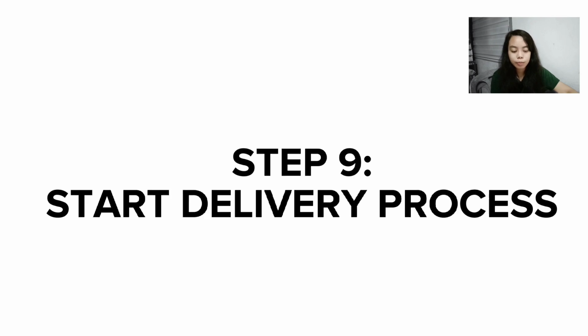Okay, so for our step 9, we will now start the delivery process. So in order to process the orders of our customer, we need to create a delivery document.